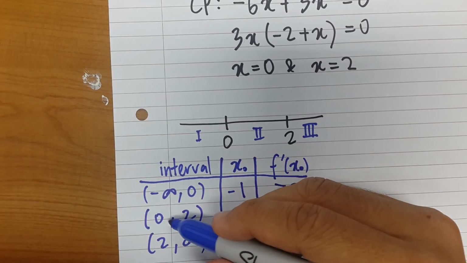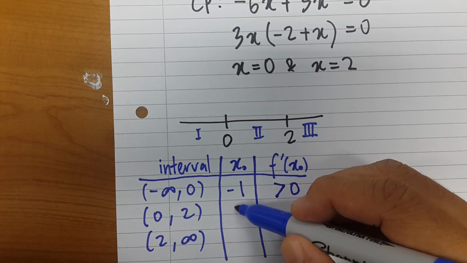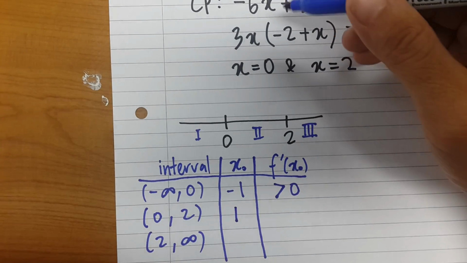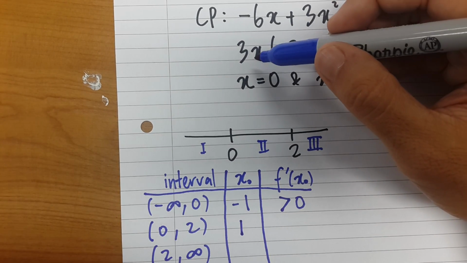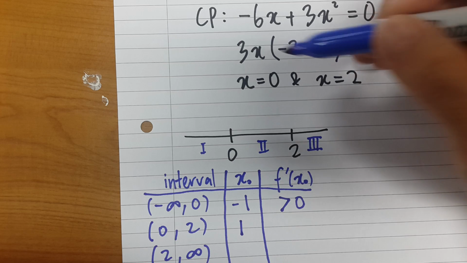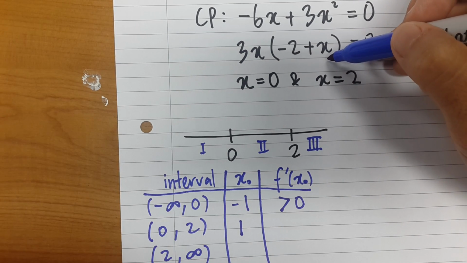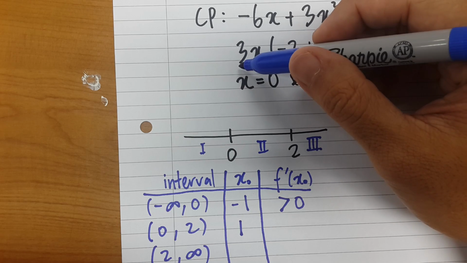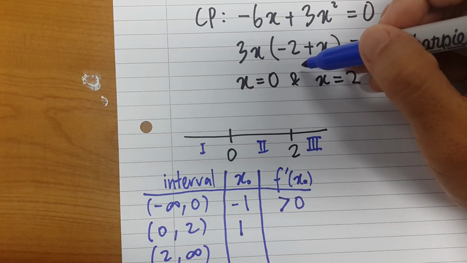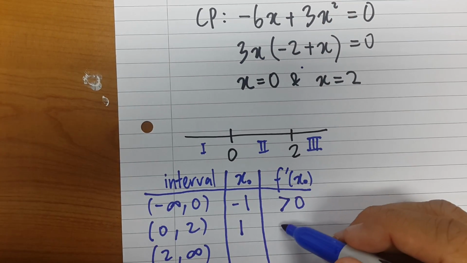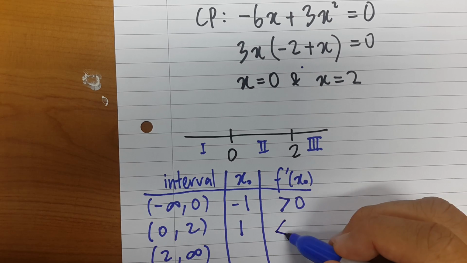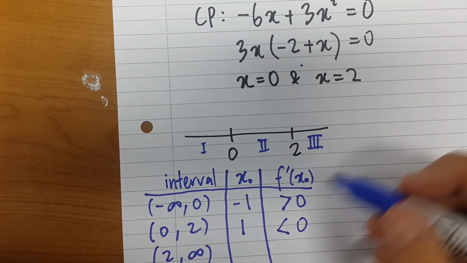Pick a number between 0 and 2. We are going to go with the number 1. Substitute 1 here, we're going to end up with 3. Substitute 1 here, we are going to end up with negative 1. So positive 3 times negative 1, we get a negative answer. So we denote this as negative.